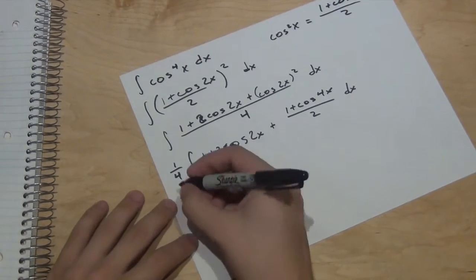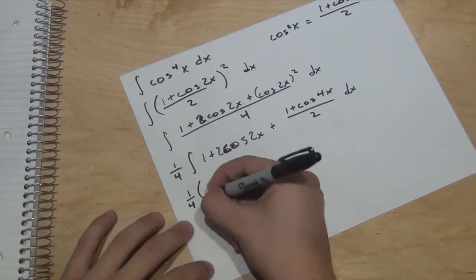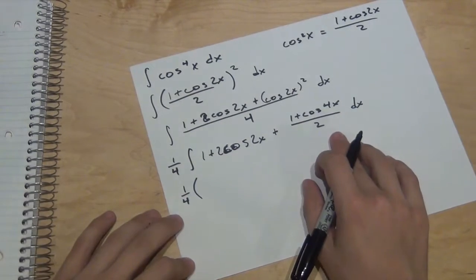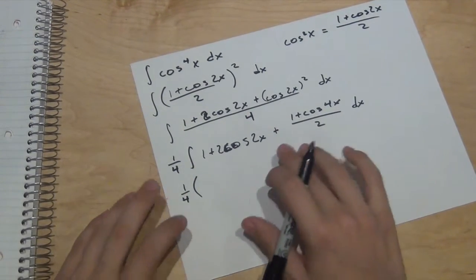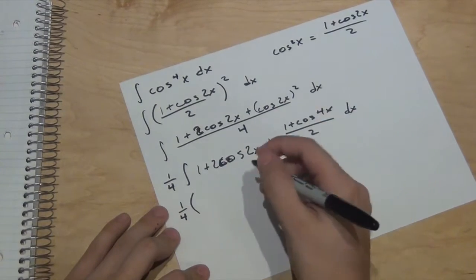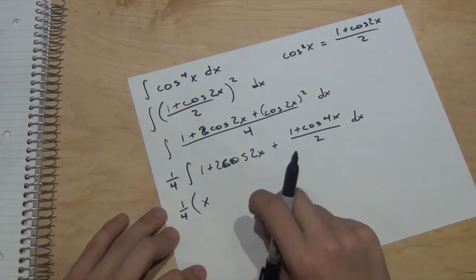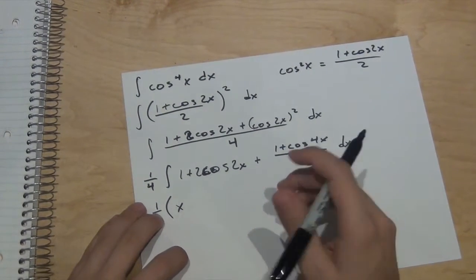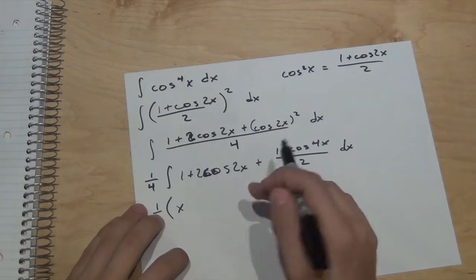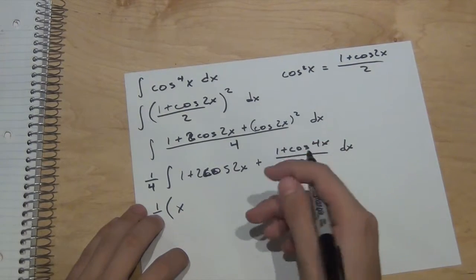Alright, so what we're going to do is keep this 1/4 over here, and we're going to just integrate what we have. I'm going to take this part and separate it into a different integral so that we can integrate it separately, because some things sometimes get complicated. So the integral of 1 dx is just x. The integral of 2 cosine of 2x, well, let's just think about this for a second. The integral of cosine of 2x is equal to 1/2 sine of 2x, right?